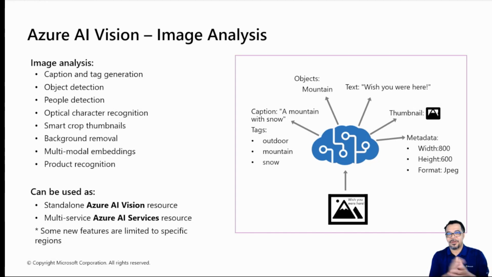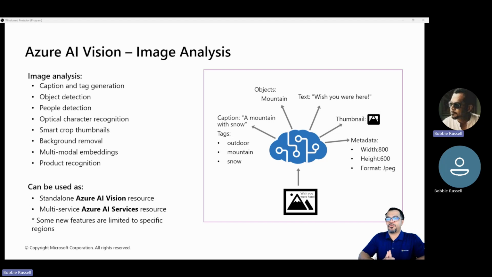We also have OCR, optical character recognition, which can extract text from photos and documents that you submit. The face service can detect, recognize, and analyze human faces in images. And finally, video analysis, which uses spatial analysis to generate information about movements within videos.